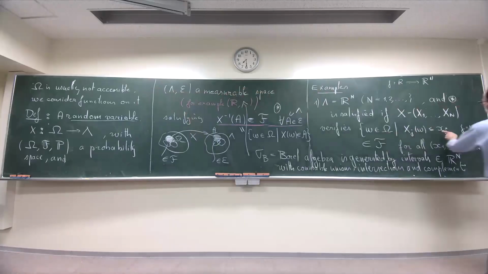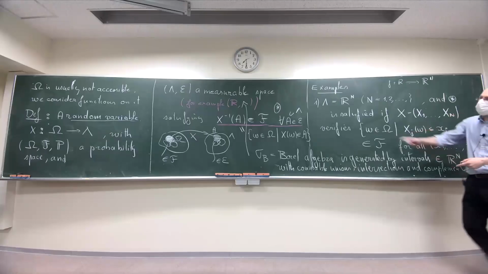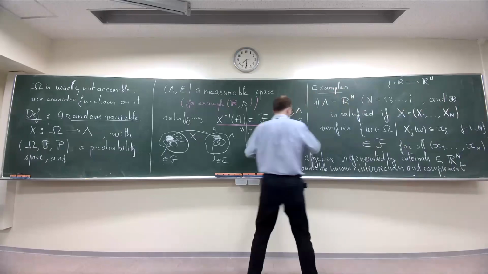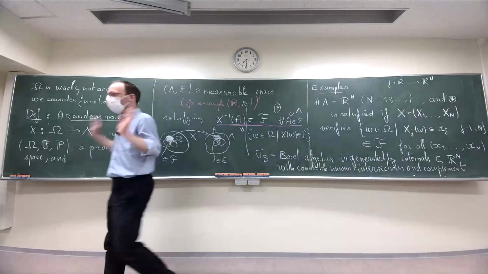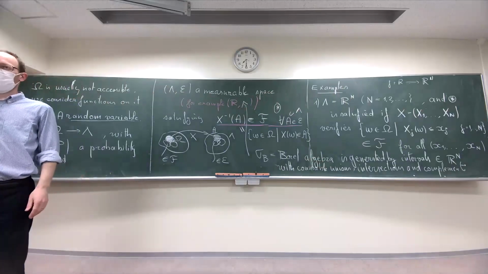You are checking it for all points. If you think about x, all values smaller than xj are half lines. It's from minus infinity to xj. So you are using this condition only on some very special intervals, and this is sufficient. All right.